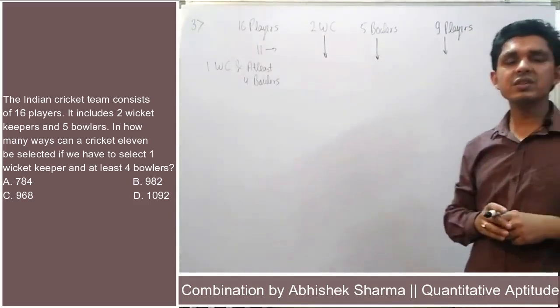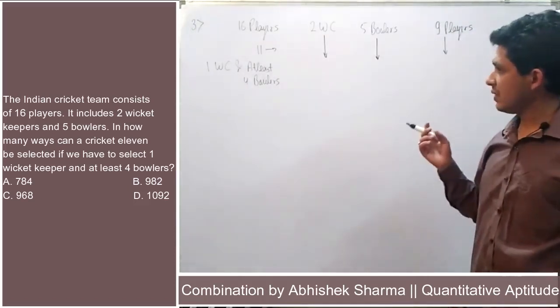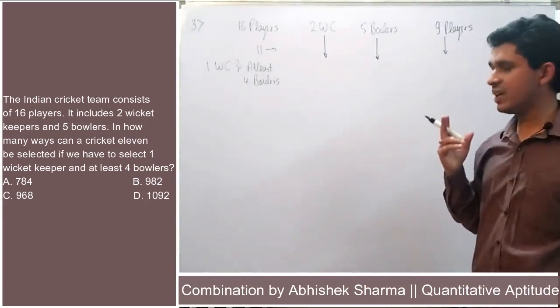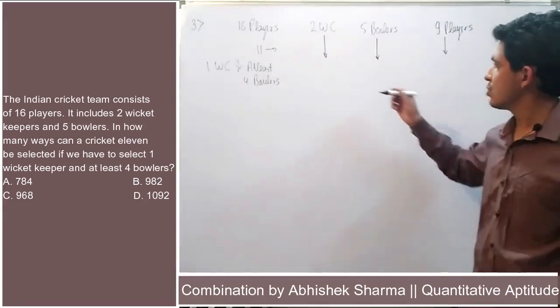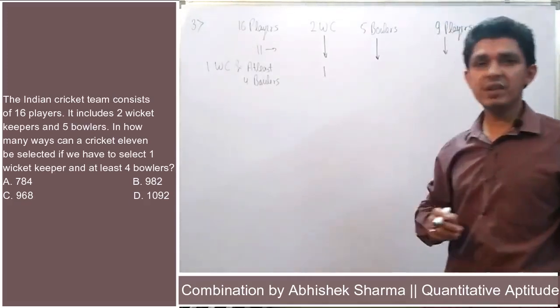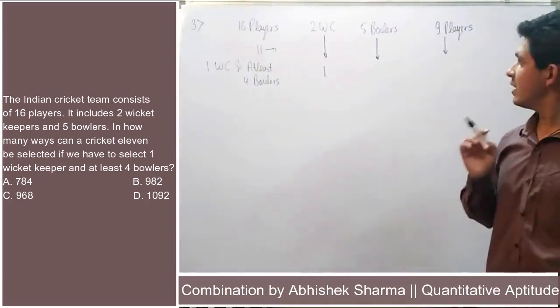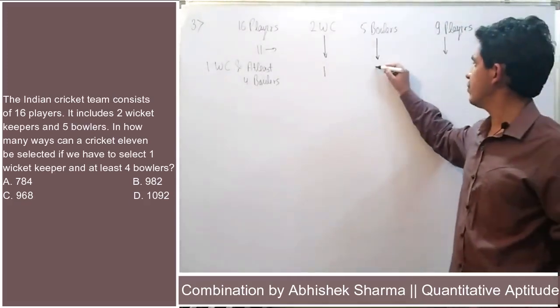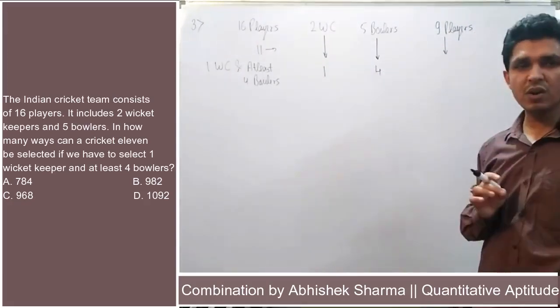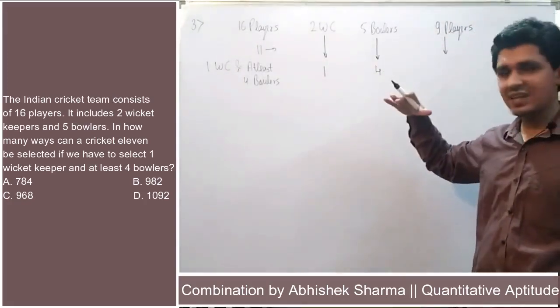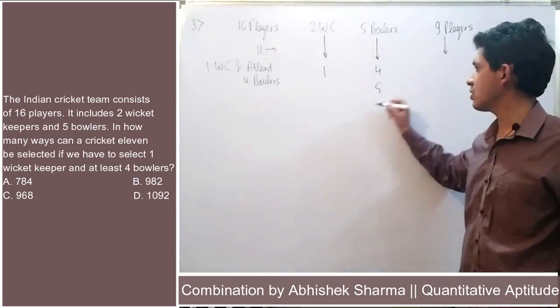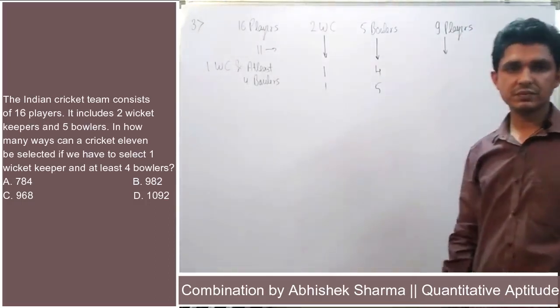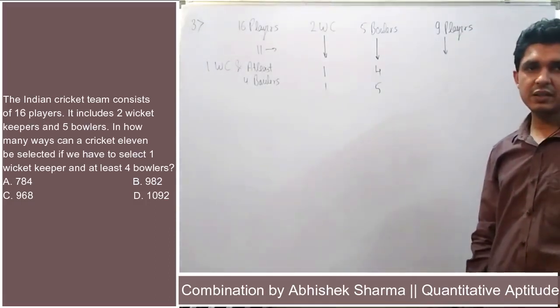Okay, so first, the team should have 1 wicket keeper and at least 4 bowlers. So we have selected 1 wicket keeper, right? And at least 4 bowlers, that means in the first case we can select 4 bowlers, and since it is at least, in the second case we can also select 5 bowlers, right?